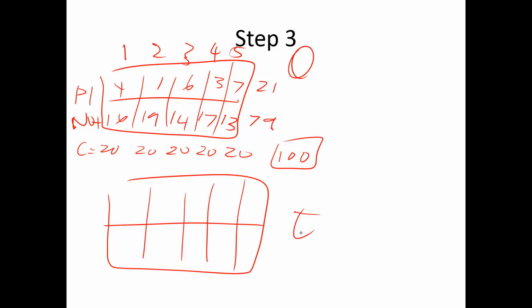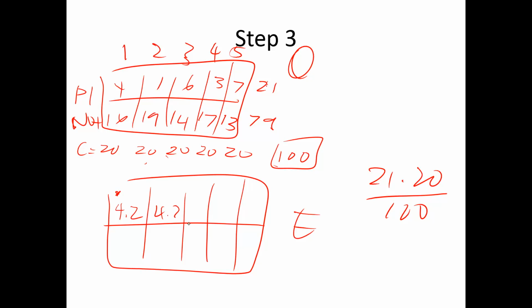So to create my expected chart for this data set, for cell number 1 here, I'm going to do 21 times 20 divided by 100. Okay. So that's 4.2. And what's neat is since all of these have the same column total, it's the same formula over and over again.